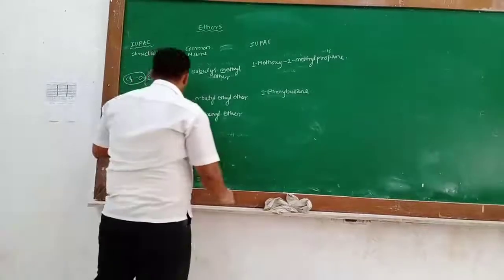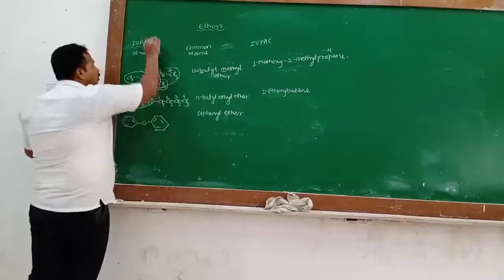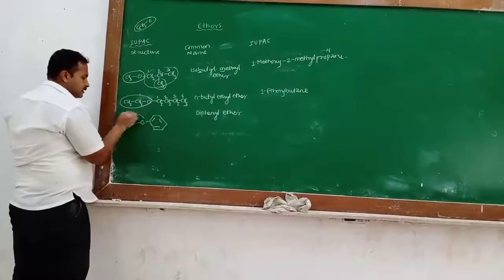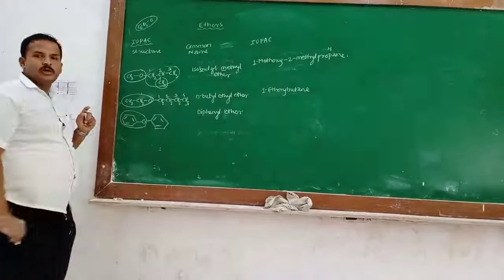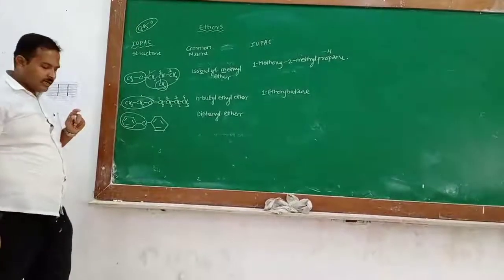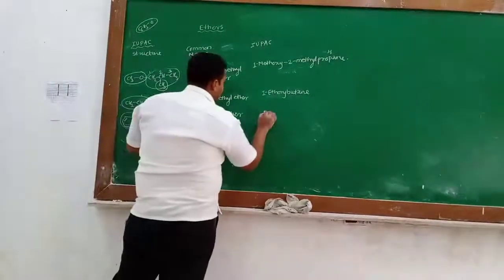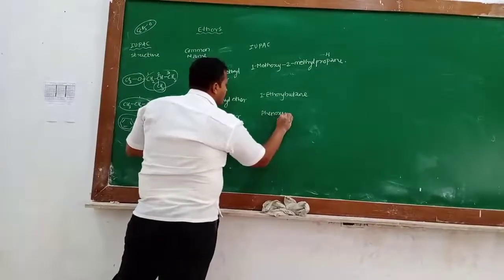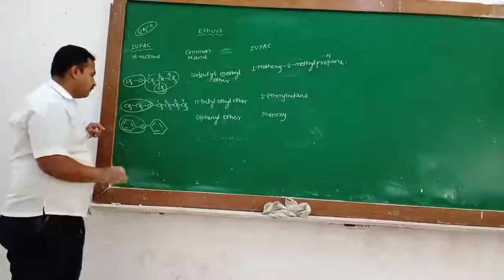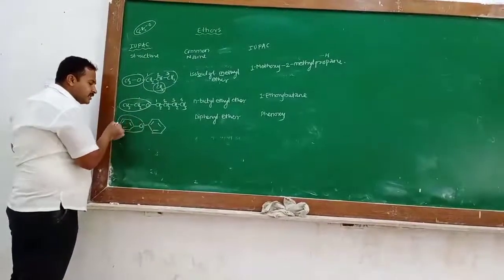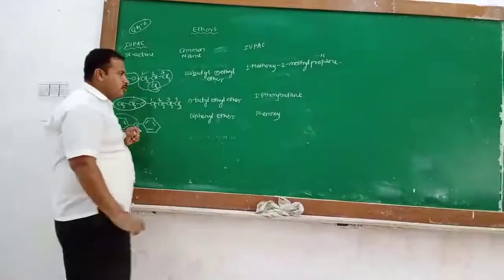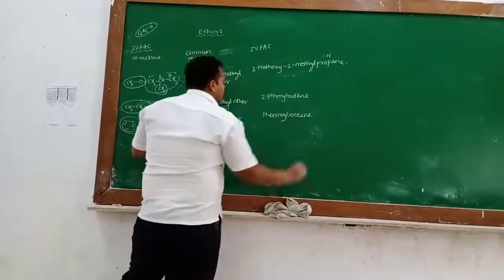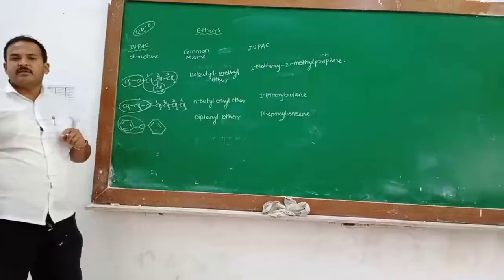And the IUPAC name: C6H5O group is called a phenoxy group. When one hydrogen atom of benzene is replaced by a phenoxy group, the IUPAC name of the compound is phenoxy benzene. Keep this in mind.